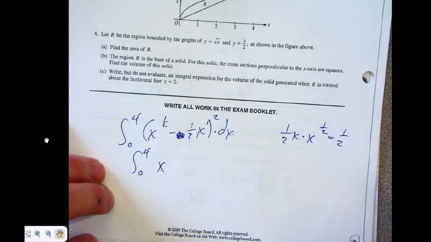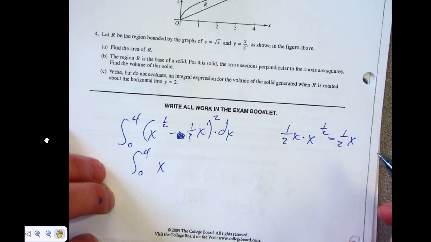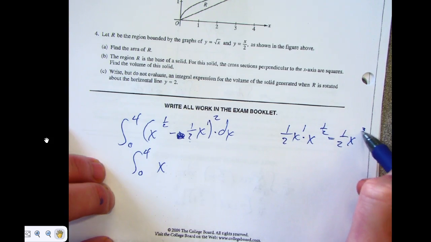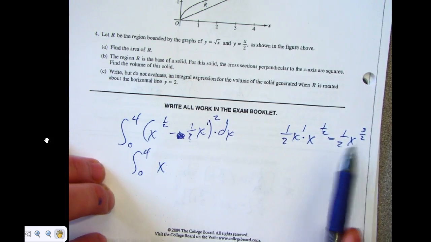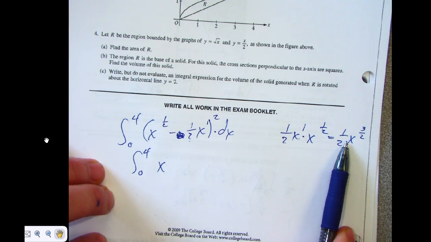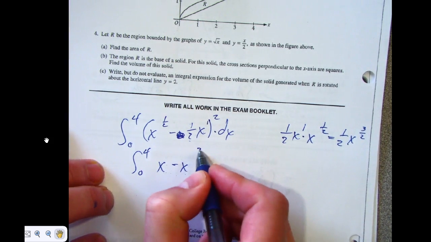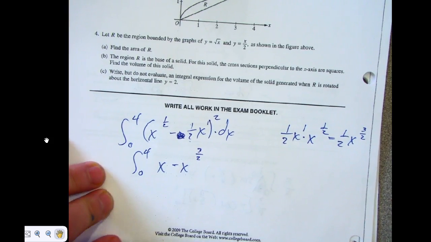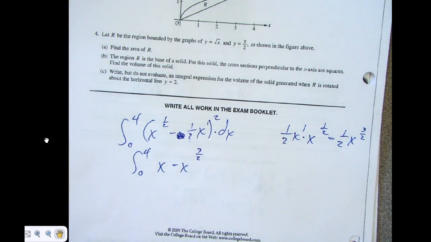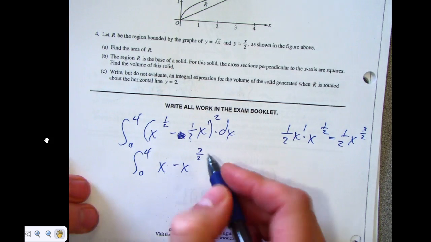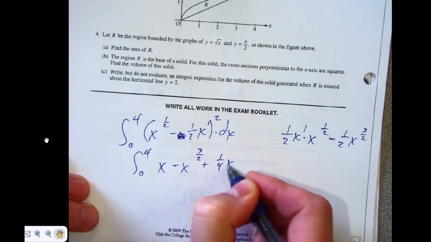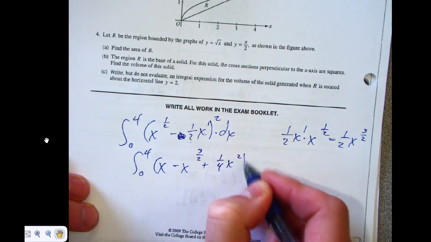I'll get to the negative in a second. So it's going to be 1/2 x to the what? 3 halves, because you have to add those powers. But there will be 2 of these when I FOIL. So it's really just x to the 3 halves. And it was minus, so it's minus x to the 3 halves. And then what's 1/2 x squared? Positive 1/4 x squared.